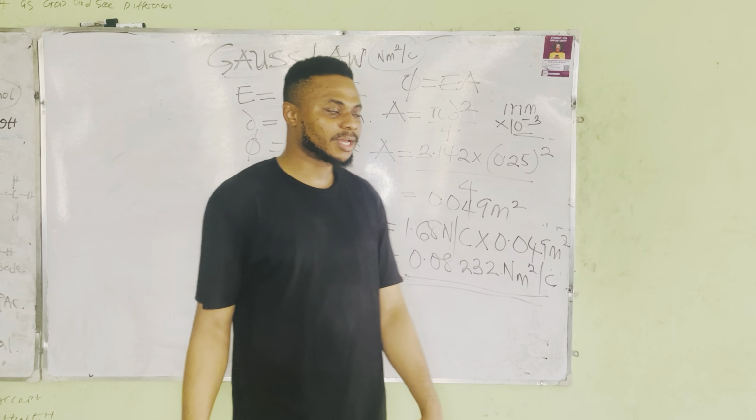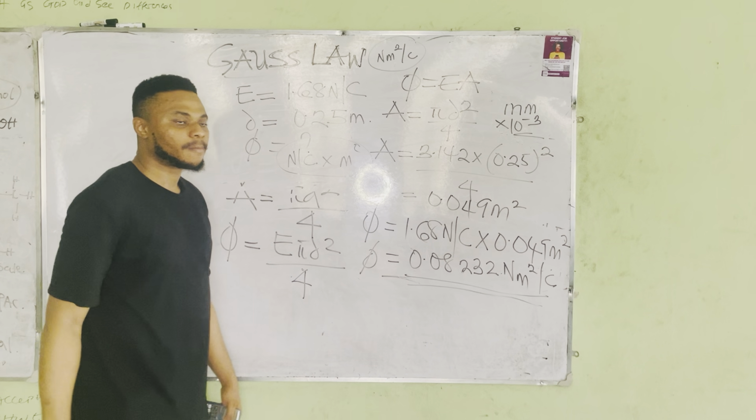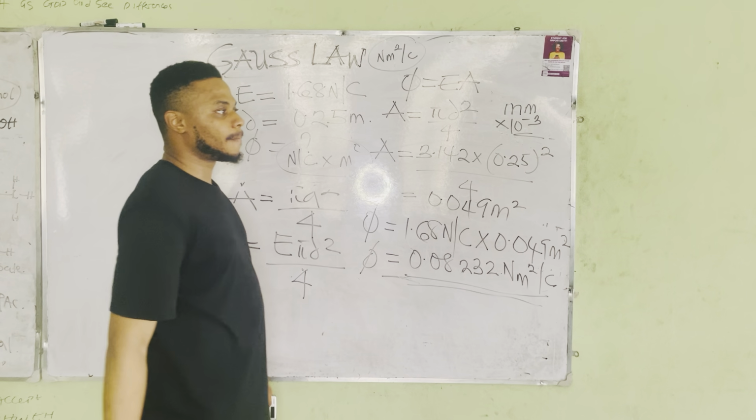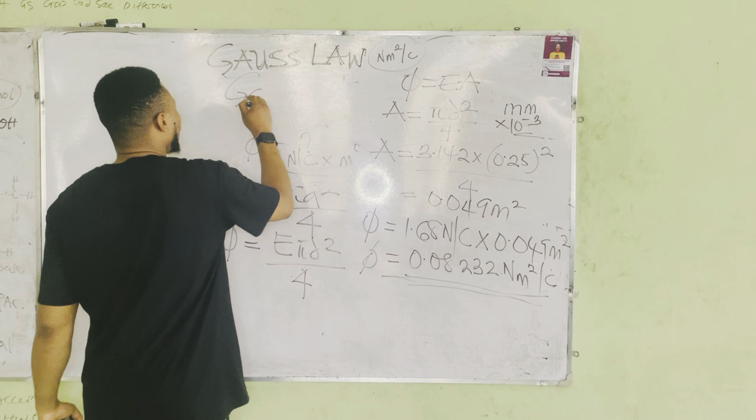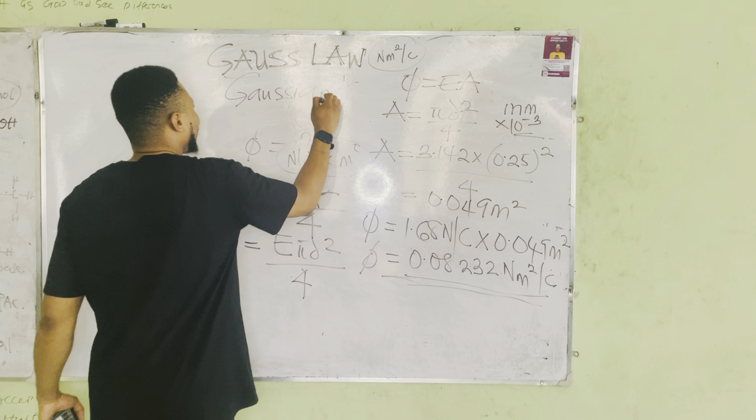Take down. Now, calculate the net charge of a Gaussian surface. Gaussian is spelled G-A-U-S-S-I-A-N.